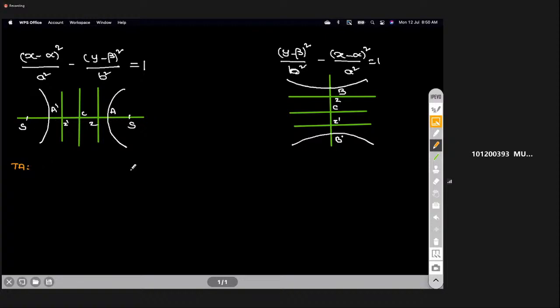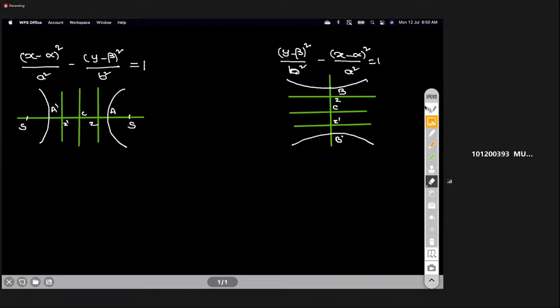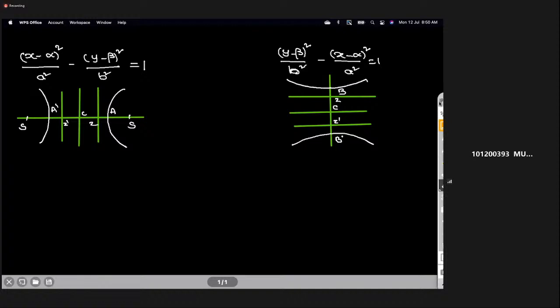Okay, before that, let me start with the center. This space is sufficient, I'll start here.